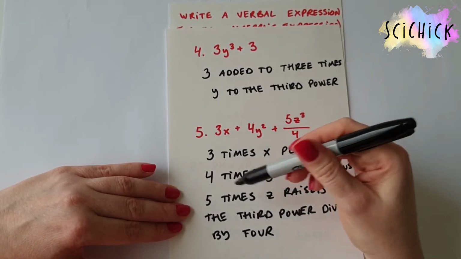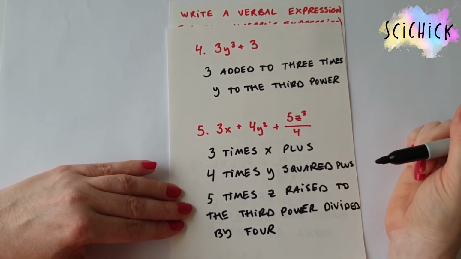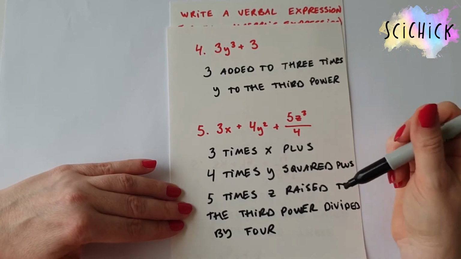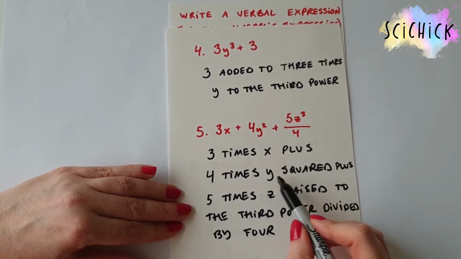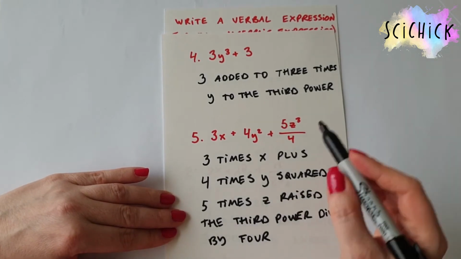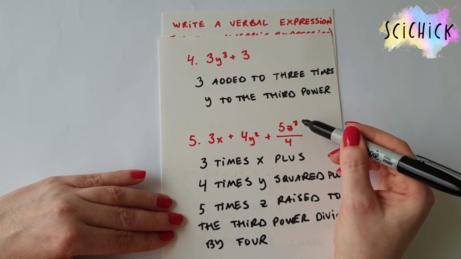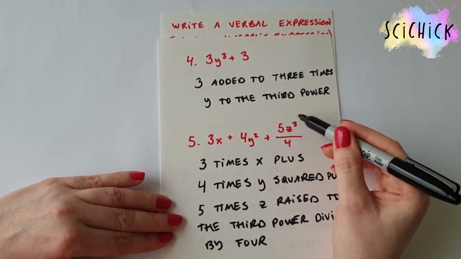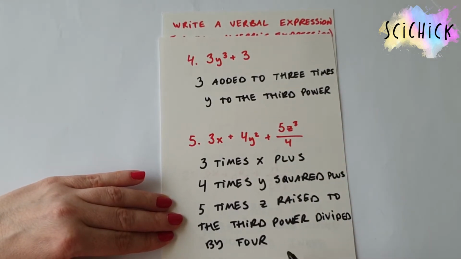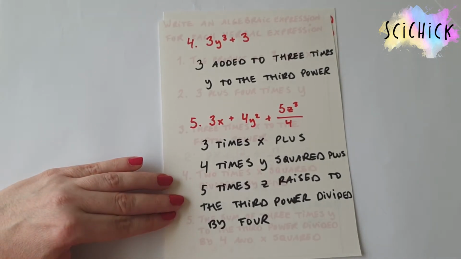So just get familiar with saying y squared if it's a 2, or if it's an x, it's going to be x squared. Doesn't matter if it's an x or a y or an a or a b or whatever. It's always squared if there's a 2. And then plus 5 times z raised to the third power here, and then divided by 4. Yeah? Okay, very good.